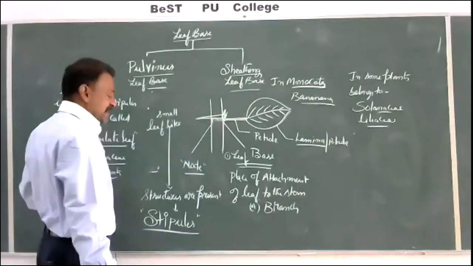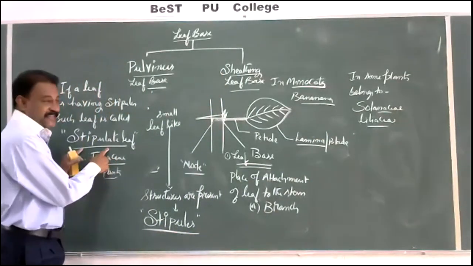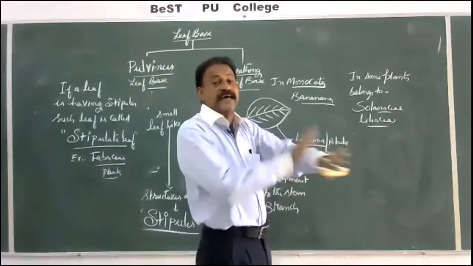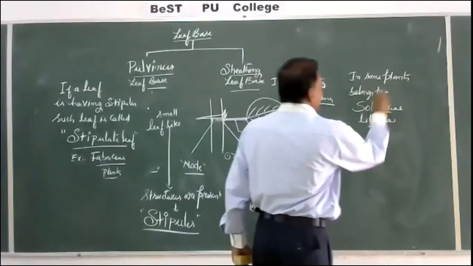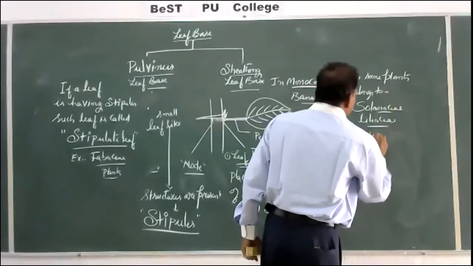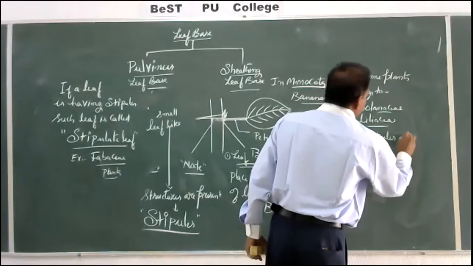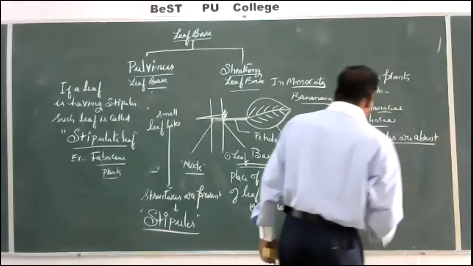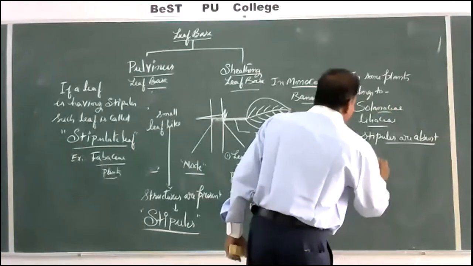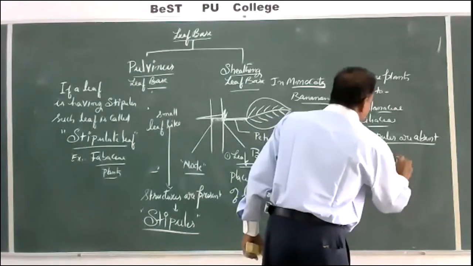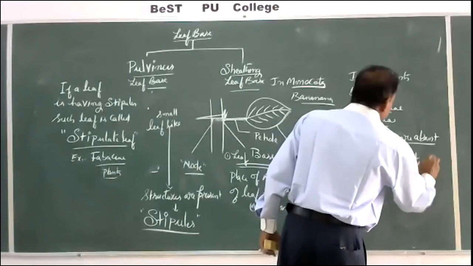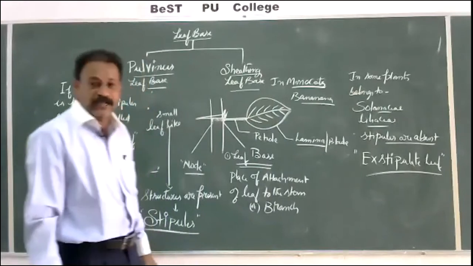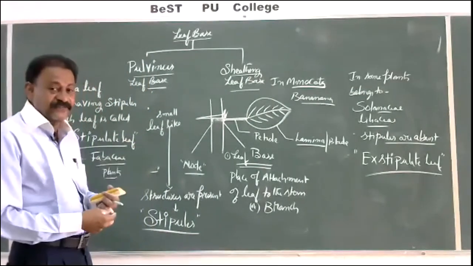So Fabaceae is a family where stipules are present on either side of the base. This is Solanaceae and Liliaceae. Stipules are absent. In some plants stipules are absent, are not present. Such leaves are called ex-stipulate. So leaves are classified into two types based upon presence and absence of stipules.